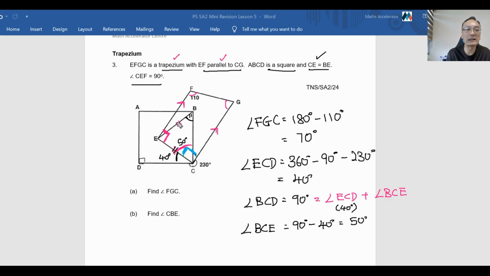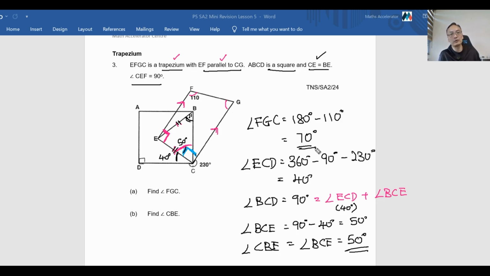And we have these two equal lines. So this angle CBE is equal to angle BCE, because they are identical angles inside an isosceles triangle, and it is equal to 50 degree. So that is part B.